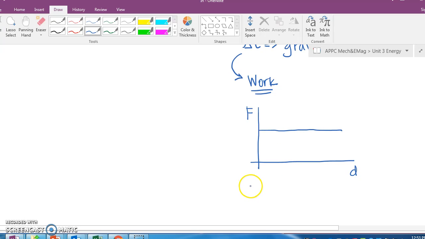Okay? So, you apply a force, and every meter, every 1 centimeter, every micrometer, it doesn't really matter, you are applying the same force for that same little distance. That area under is defined as the work.